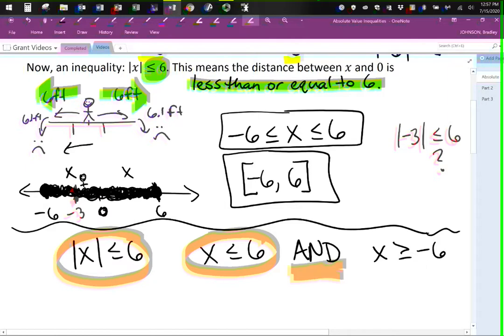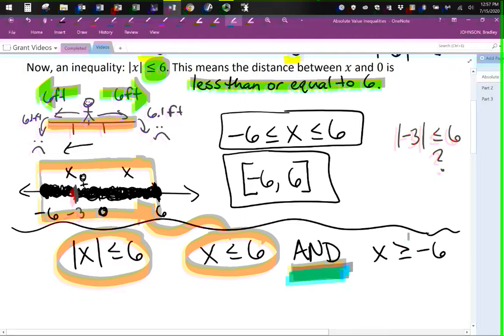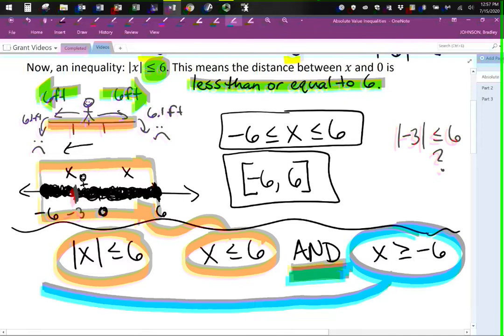Now, the and part comes from thinking of that idea with the balance beam, right? And if we think of our number line here, well, x less than or equal to 6 right here, that makes sense. That's where it came from. And then we have and, putting it together, x is greater or equal to -6. If we go over to -6, well, marking that endpoint, we must go greater or equal to, because you see how you're going to the right, right?